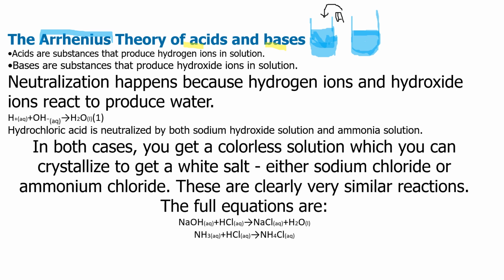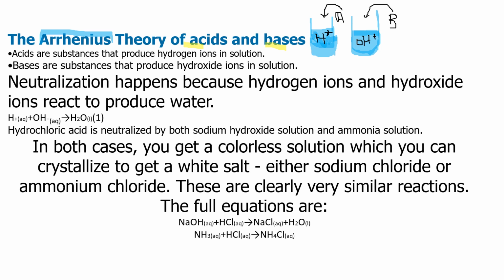According to Arrhenius theory, when we place the acid in it, it will produce the H+ ion, hydrogen ion. Apart from that, when we place the base, that will produce hydroxide ions, OH ions. Now this is all about the Arrhenius theory.